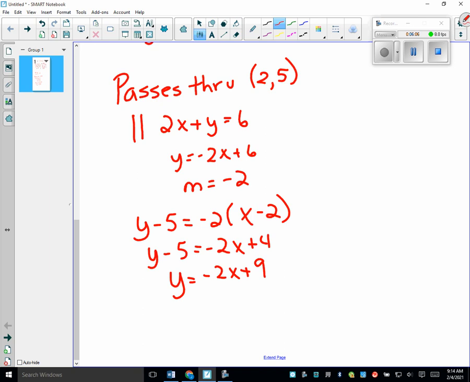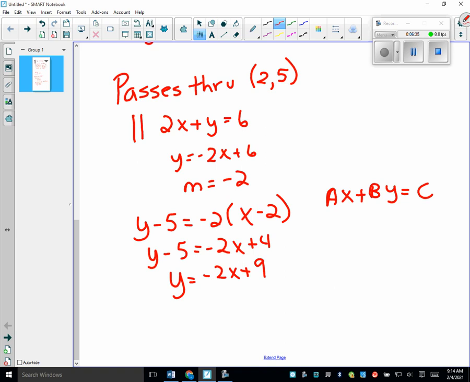Now, they want us also to write this equation in a different form. They want us to write it in this form: Ax plus By equals C. That is standard form. And in standard form, we can have no fractions, and A has to be positive.